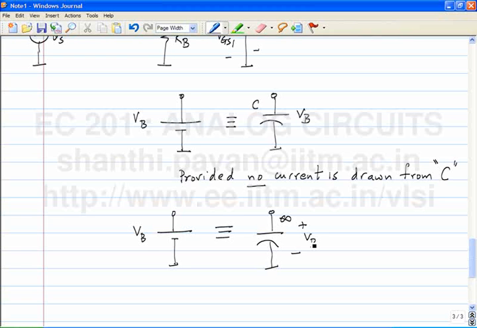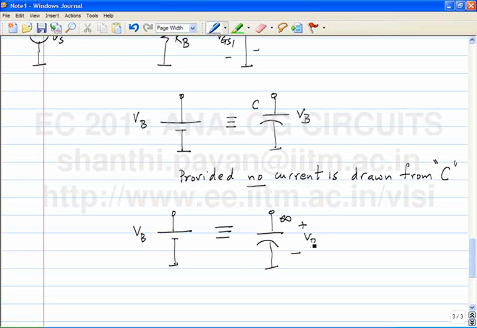So you had, let's say, a huge capacitor charged to VB. If you draw current from the capacitor, that basically means you are removing charge from the capacitor. So the change in the potential across the plates of the capacitor is nothing but the original voltage minus the amount of charge you have drawn from the capacitor divided by the value of the capacitance.